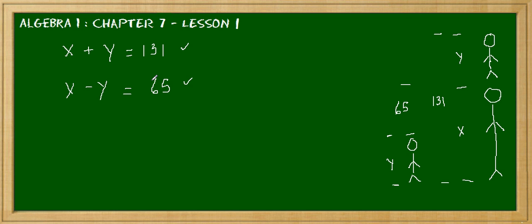And we can come up with, here we have x plus x is equal to 131 plus 65. Now, how can we say that? Well, let's pause for a minute and go back over to our equation here. Hold on, I'm going to move over.